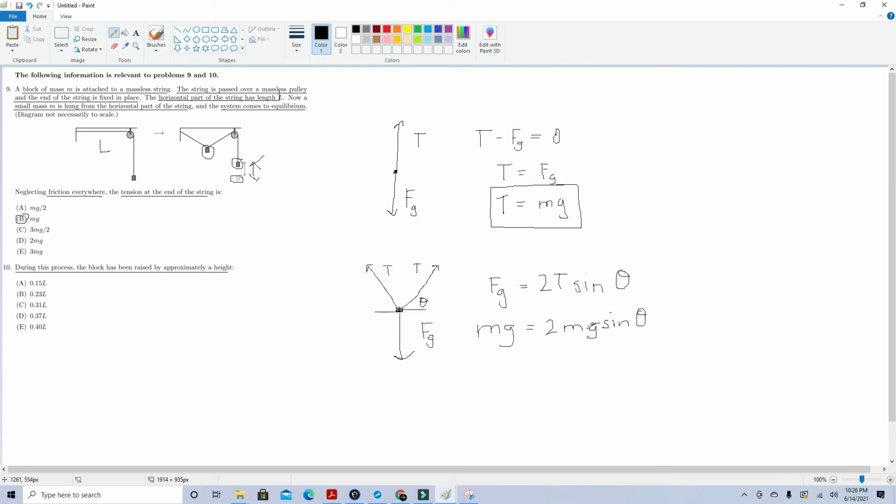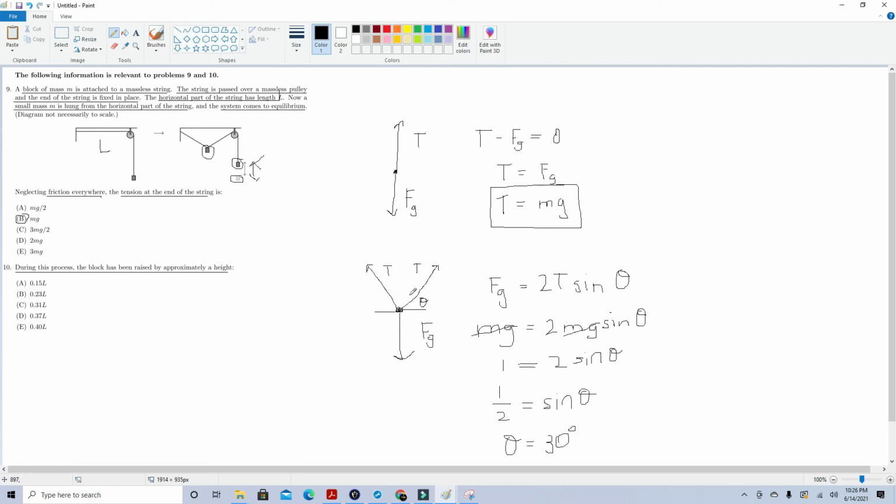From here, we can pretty easily cancel out mg from both sides, giving us 1 is equal to 2 sine theta, or 1/2 is equal to sine theta. Taking the sine inverse of both sides, we get that theta is equal to 30 degrees.